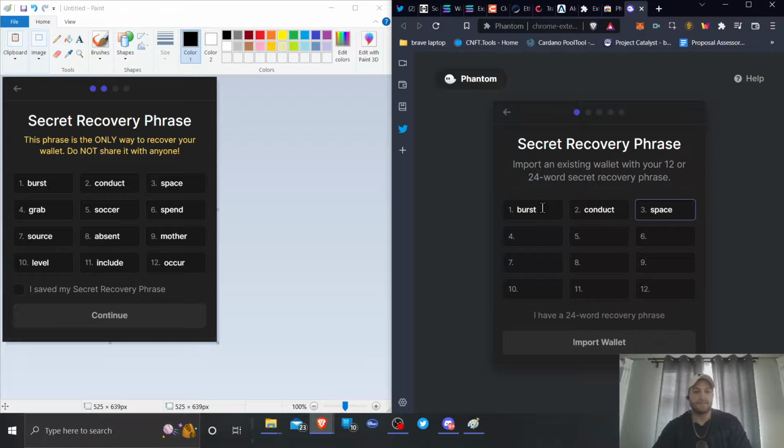Like I said, I've created wallets all over the place for different blockchains, and this is kind of what I'm trying to get into with Solana. Character, trust, manipulation, deceiving, or deceit.